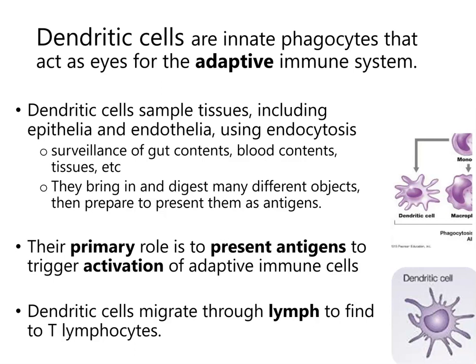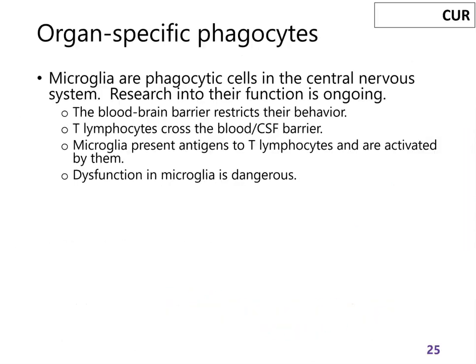They will stay at epithelial layers and use any endocytotic process they can to pull in everything they can and see if maybe it's an antigen a T cell wants. Once they have collected a lot of potential antigens, they will move through the lymphatic system to a lymph node where they will present it to T cells. So the dendritic cells really are the eyes of the adaptive immune system.